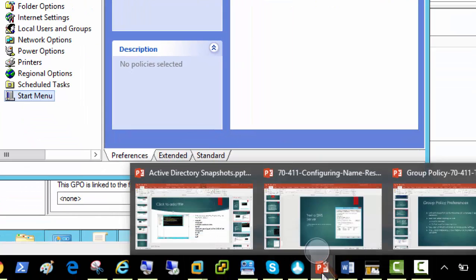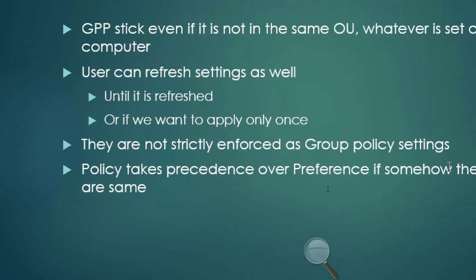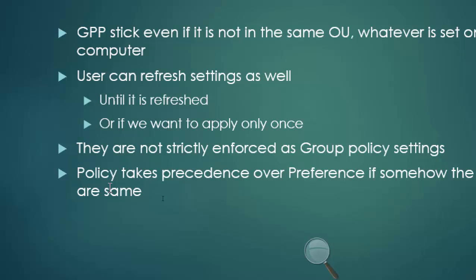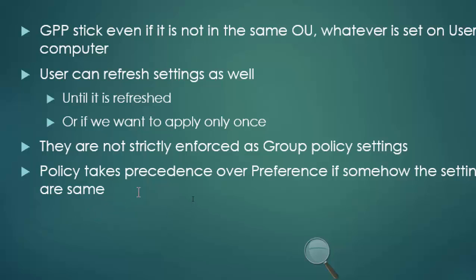We're going to have a look at some of those preferences we have, and they are not strictly enforced like group policy settings. Policy takes precedence over preference if somehow the settings are the same. If you implement a printer through policies, whatever is strictly implemented will take precedence. Which means what? You deploy a printer through group policy preferences, and through group policies you deploy a printer as well.